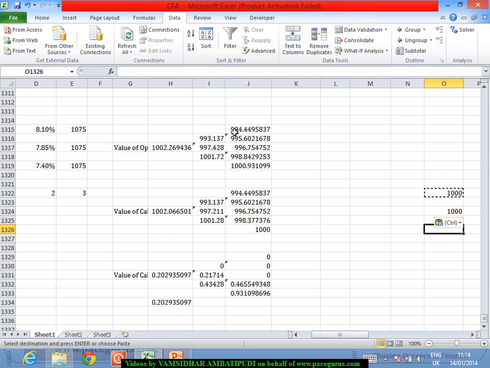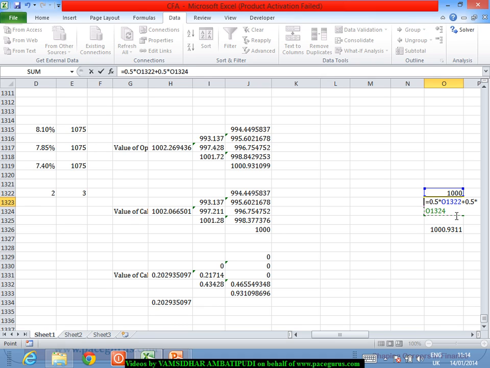So these are the values of the bond at each of the nodes. Now again I take the expected value, which is 50% of the above value plus 50% of the below value. Here it is 1000 only, whereas in the second case it is 50% of this plus 50% of this, taking the expected value to be something like this.